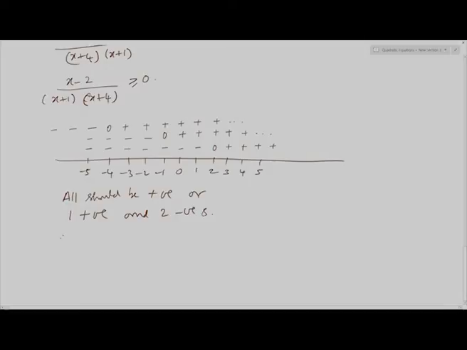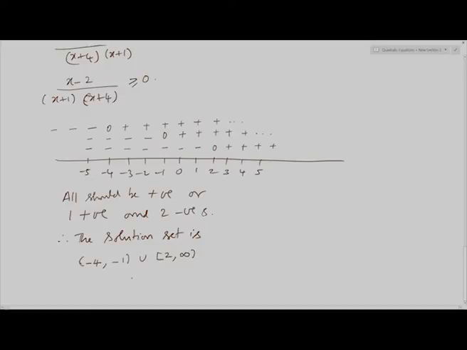So the solution set is: -4 should not be included because the denominator will vanish, and similarly -1 should not be included, so that is an open interval, union from 2 to infinity, where we have all positive. 2 can be included because it is in the numerator, and the inequality is a greater than or equal to inequality.